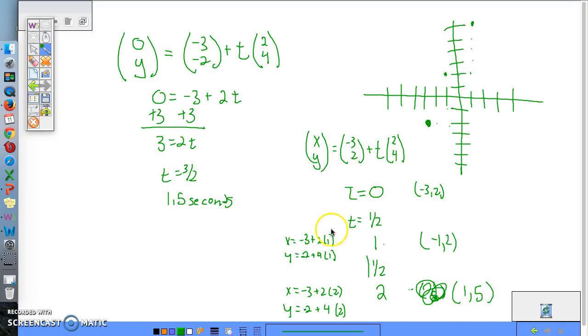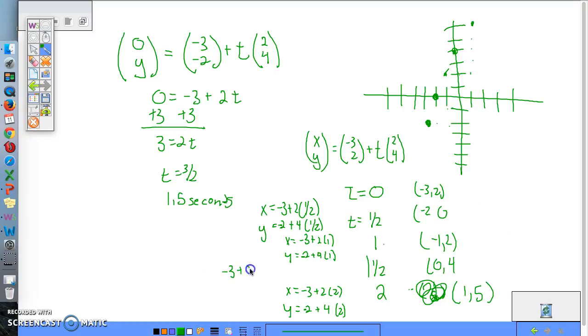Then we could do the same thing for t equals 1/2. X is -3 plus 2 times 1/2, so our x value would be at -2. And our y value would be 2 plus 4 times 1/2, so that would be at 4. That makes sense because we're going over half the distance: we go over 1 and up 2. So we should be at -2 and 4 because t is 1/2.